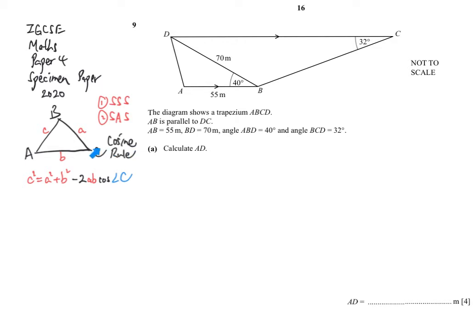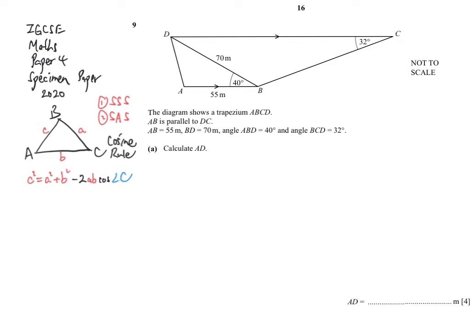The rule is similar to the Pythagoras theorem: c squared equals a squared plus b squared, and then remember, minus 2ab cosine, using the two sides on the right hand side, and the angle C. So for SSS and SAS, we can use this to solve for the other unknown.